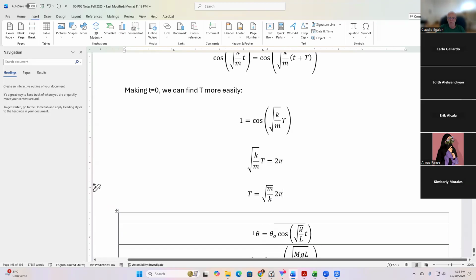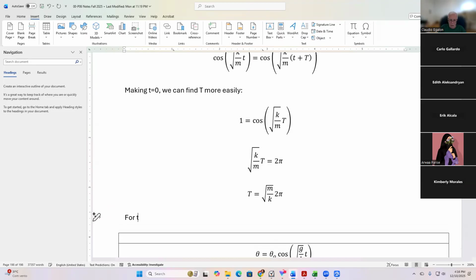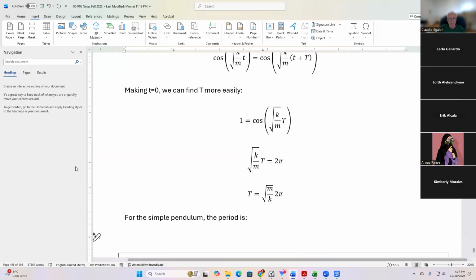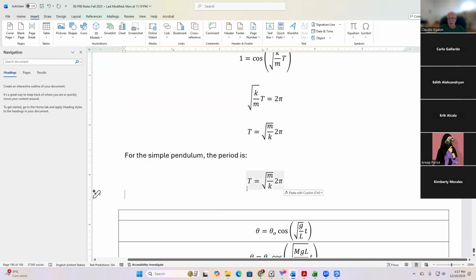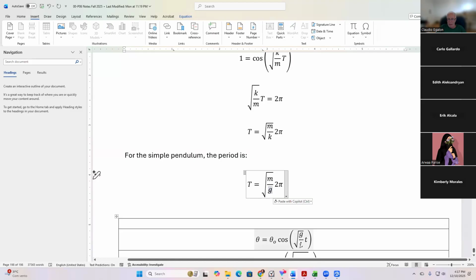You do the same thing for the simple pendulum. The period is: K must be replaced by G, M must be replaced by L. And by the way, we usually put the 2 pi in front, so it looks nicer.